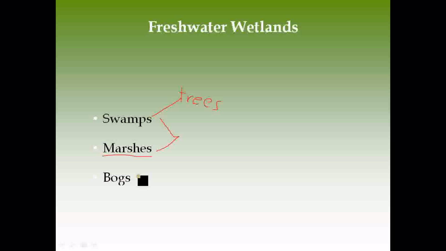This other wetland I want to spend a few minutes on is called a bog. You may have heard that term before. Bogs are wetlands that are very, very spongy. And bogs are full of plant life, especially mosses. And so that's really where bogs differ from these other two.